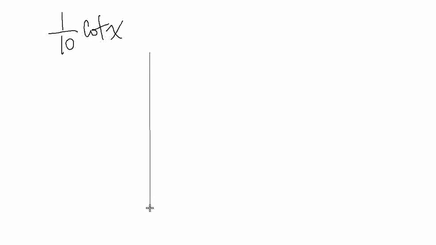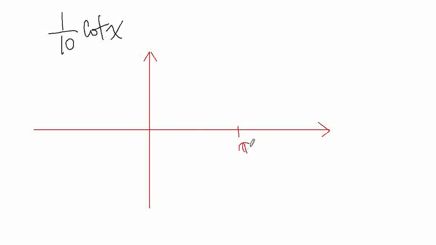So the period is going to stay the same as with a regular cotangent graph. And what's different about this one is that it's compressed vertically. So that would have the effect of making it look something like this.